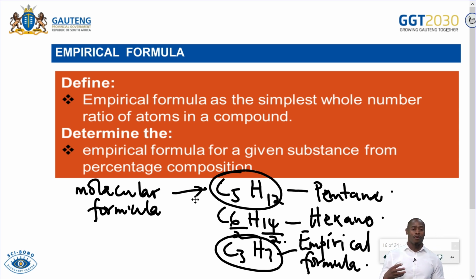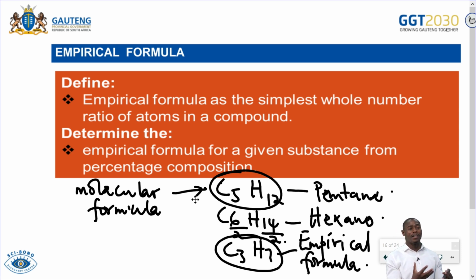Then, how do we move from empirical formula to molecular formula? So this one is simple. If we are given the molecular formula, you can just move from the molecular formula to empirical. For example, I gave you hexane, which is C6H14. That is the molecular formula.